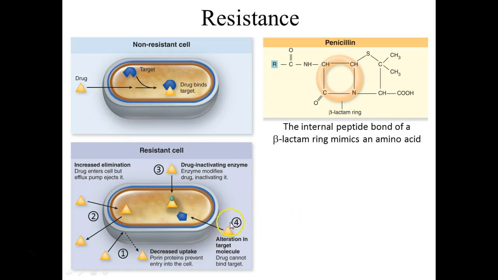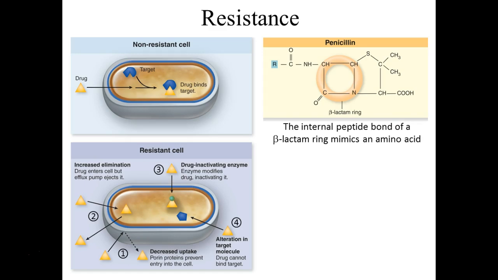The other problem is if the drug is taken in, but the target has changed, right? So the drug can go in and bind to the target here, but it can't recognize it anymore. Some of them have ribosomes that have changed so much that the drug can no longer bind to the ribosome and affect protein synthesis, right?